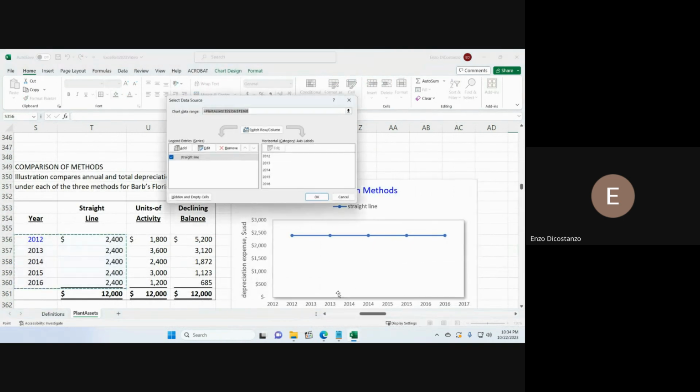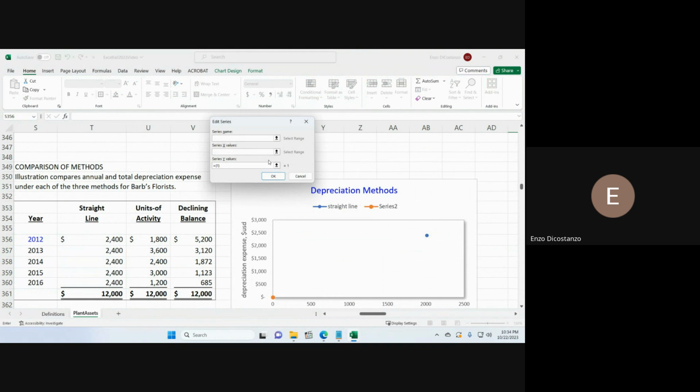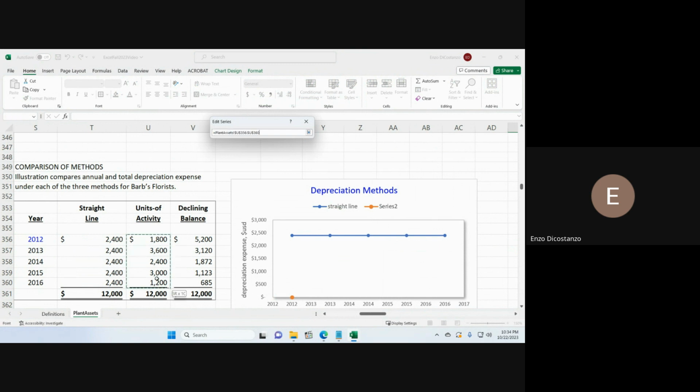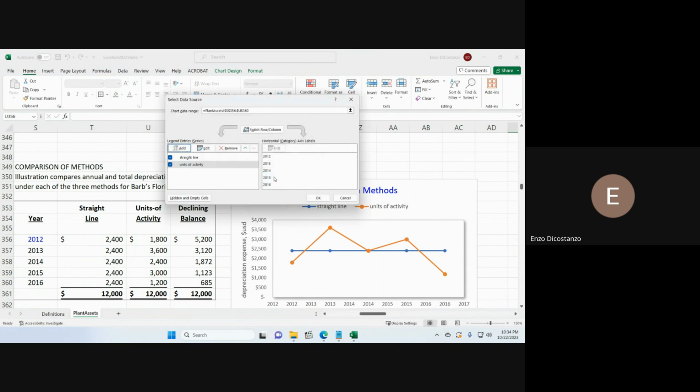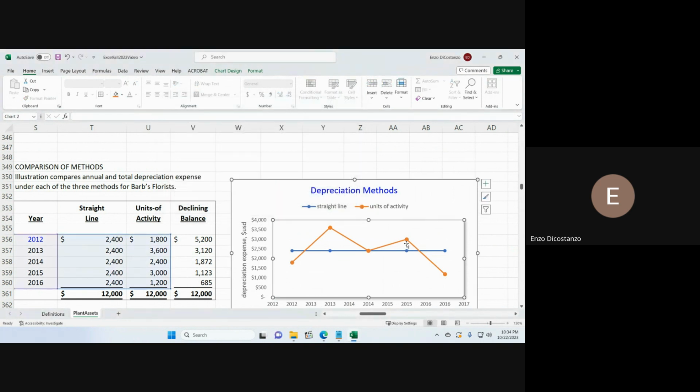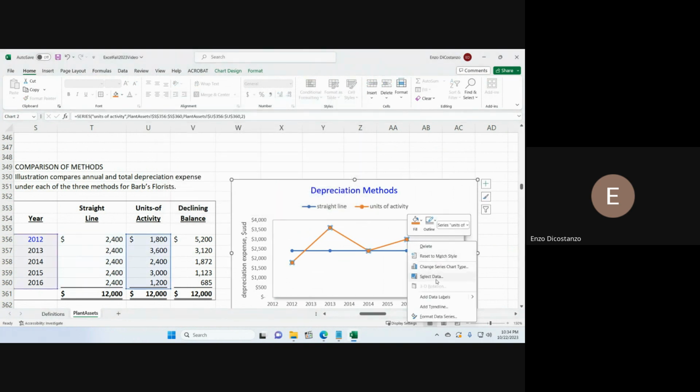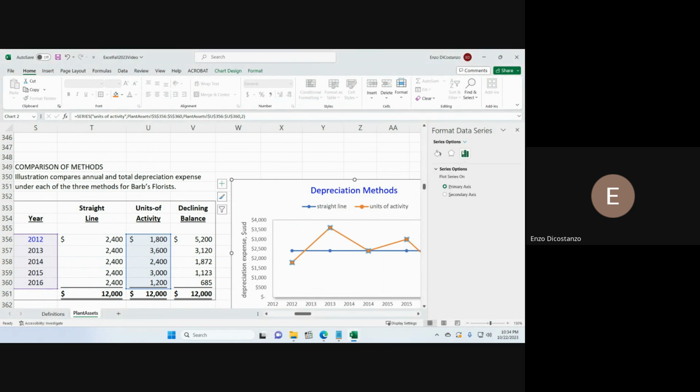Well, right click, select data, add the same years, units of activity, and this is units of activity. Format the series.